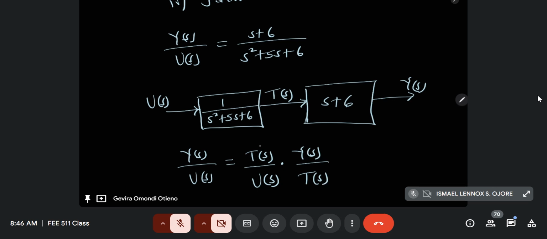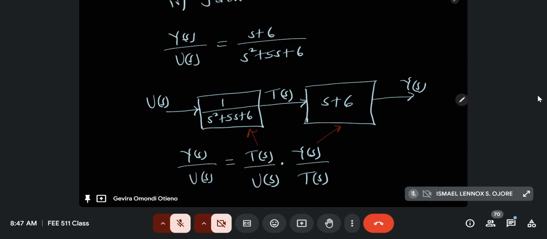So this is the first block, and this is the transfer function of the second block. Because if you cross multiply, you'll see that this crosses out with this, and you remain with Y(s)/U(s), which is exactly what we are referring to. So it means we are just cascading. We are separating the system for convenience of manipulation, but we are still referring to exactly the same system.